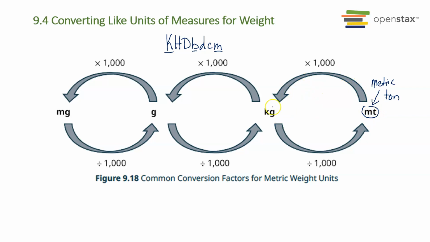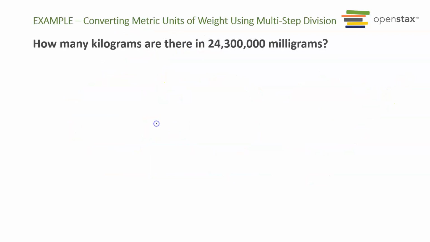To go from metric tons to kilograms, we would multiply by 1,000, and to go from kilograms to a metric ton, we would divide. Because again, on this scale, kilograms to metric ton would move the decimal place 3, so this would be like 10 to the negative 3, because that's 3 jumps to go to a metric ton. Kind of weird, but we do have something called a metric ton unit for weight.